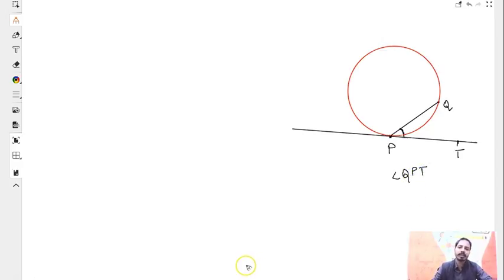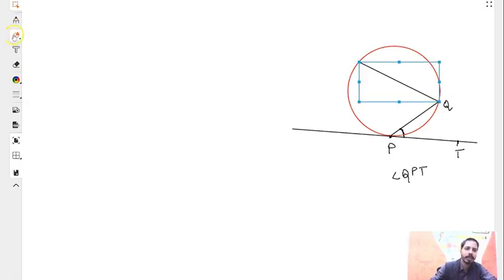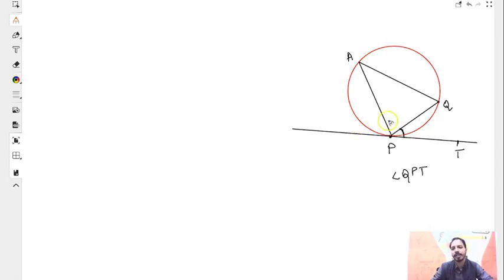How can we relate this to the angle which is subtended by this particular chord? Now as we learned, let me draw it. Now suppose at this particular point, what is the name that I have given here? A. Okay, let me say this is point A here. Now is there any relationship between this angle and this angle?